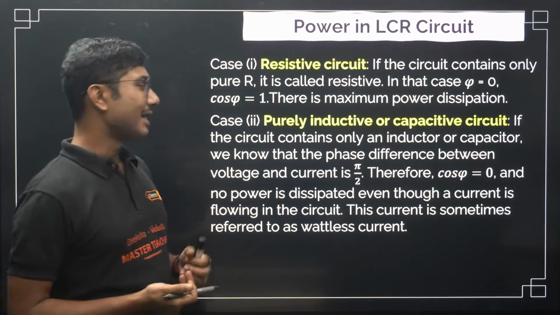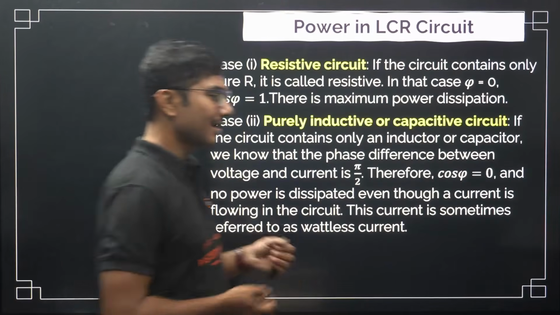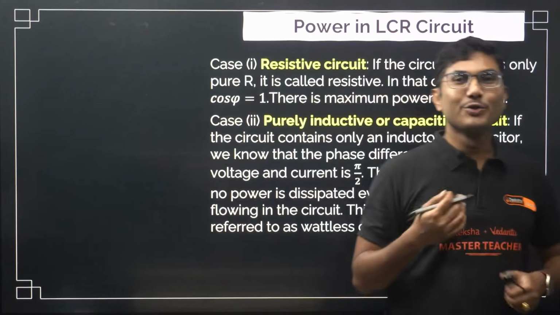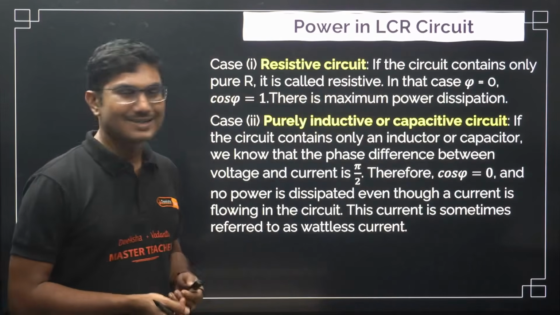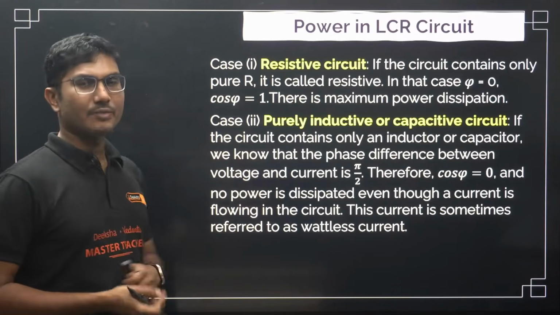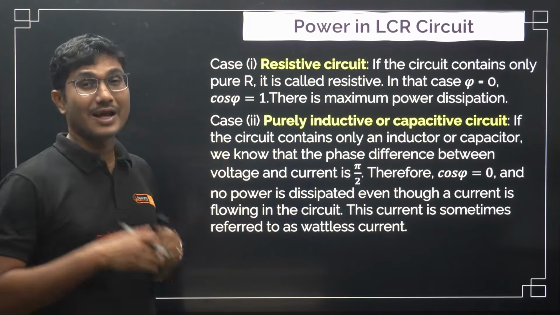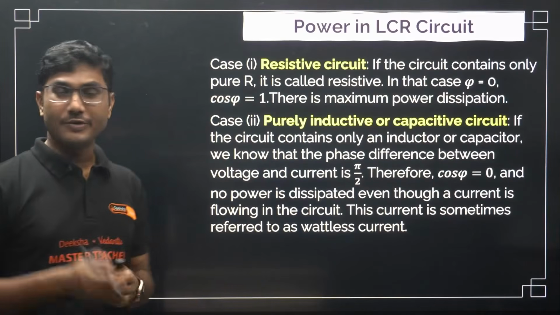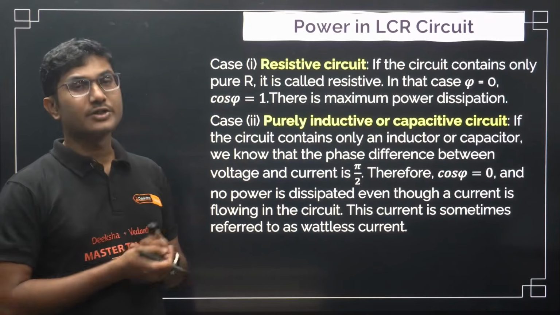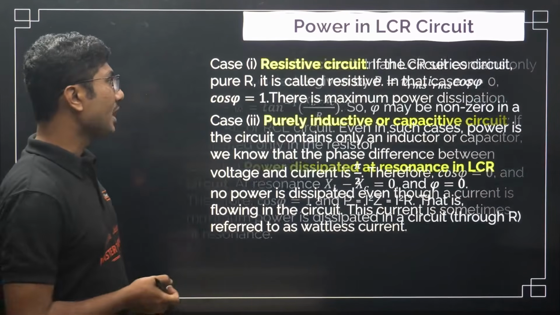This current is sometimes called wattless current, because it does not consume any watt. That's why it is called wattless current. The power factor for pure inductive and pure capacitive circuits is 0, not for pure resistive. In the case of pure resistive, the power factor is not 0. Power factor is 0 only for pure inductive and pure capacitive circuits.